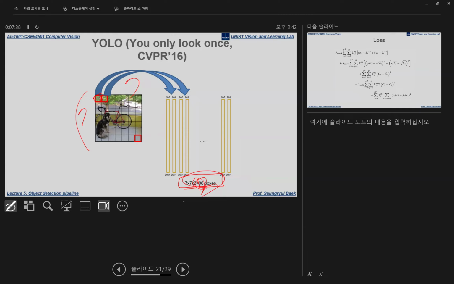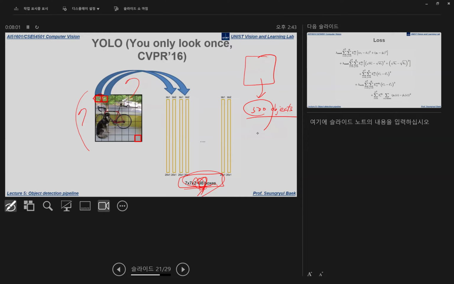For example, if there are 500 objects inside, they can only capture 98 bounding boxes and miss all the other objects. So that's basically the limitation of YOLO.